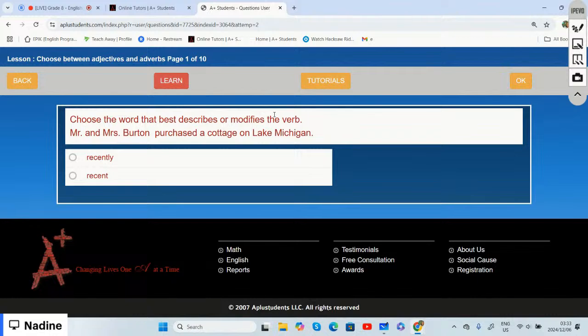Do we say Mr. and Mrs. Burton recently, option one, purchased a cottage on Lake Michigan, or option two, recent purchased a cottage on Lake Michigan? Which one is correct? Option one or option two, recently or recent?